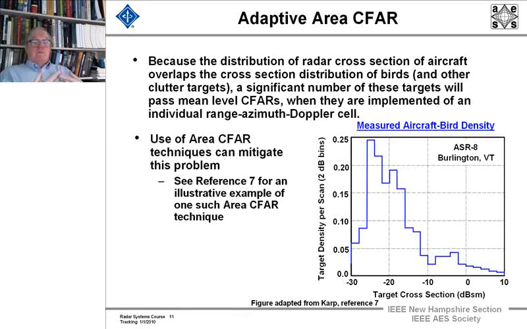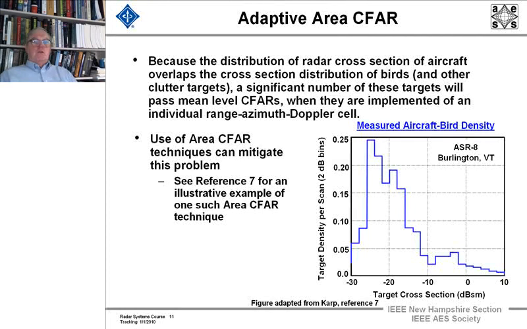And that works very effectively on mitigating any diffuse false alarms, any false alarms due to diffuse clutter in the range azimuth Doppler domain nearby.